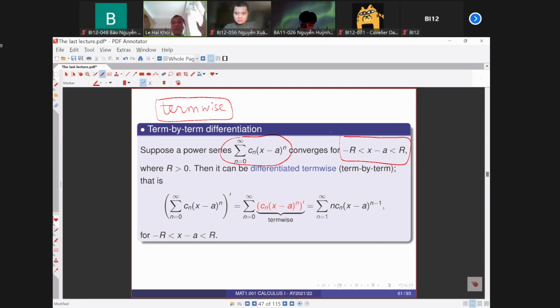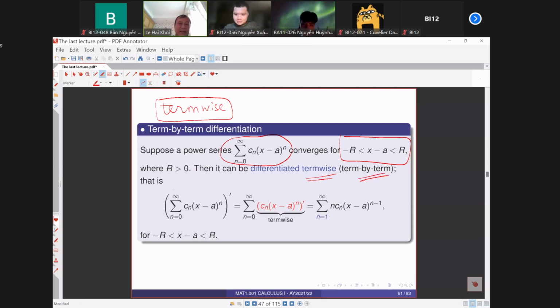Because we don't talk about the outside. We don't know. Then you have the radius of convergence bigger than or equal to R. In this case, we can say inside the interval of convergence, you can differentiate a power series term-wise or term by term.